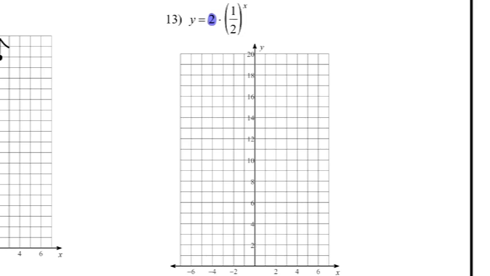Whoops, let me do it in blue. 2. And now, as we move to the right one from here, we take the y value and we multiply by 1/2. So 2 times 1/2 is 1. 1 times 1/2 is 1/2. 1/2 times 1/2 is 1/4.